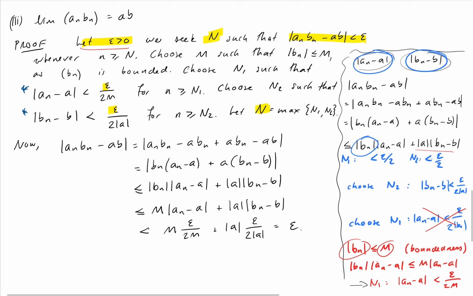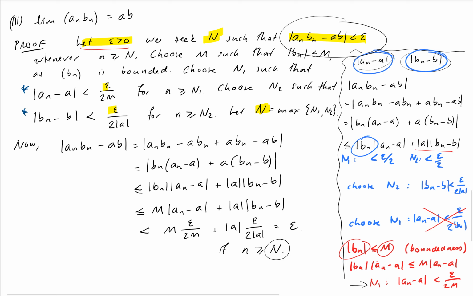So this is for only the step here, if n is greater than or equal to big N. So step 3 was to demonstrate that the N that we chose here satisfies the property that we require of it, which is that this inequality holds true.